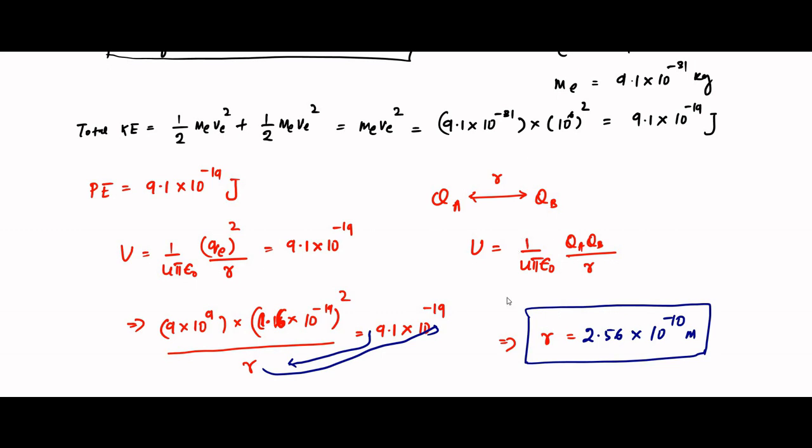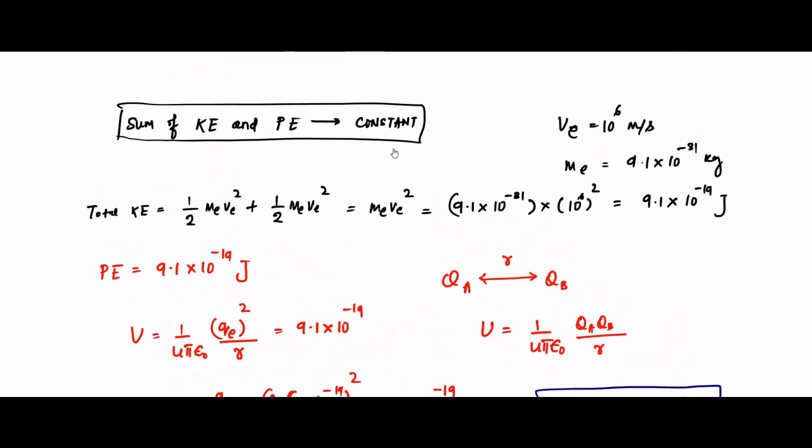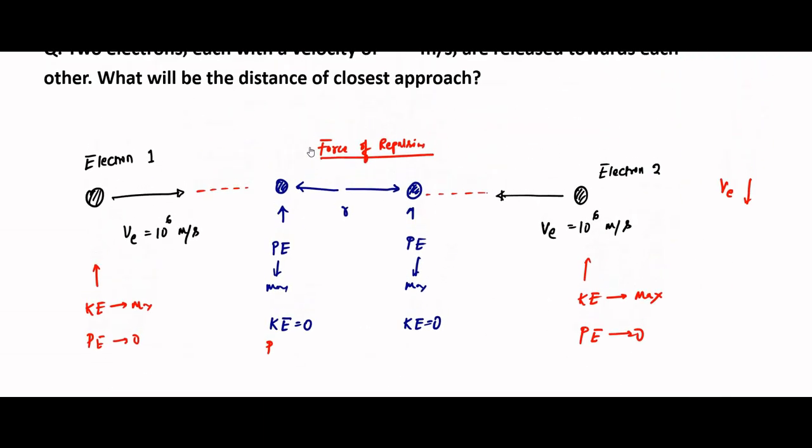So the distance of closest approach is the distance between the two charges where they come to rest momentarily. Here the potential energy will be maximum, and as they have come to a stop, the kinetic energy will be 0 because velocity is 0. At the point of release, velocity is maximum, hence kinetic energy is maximum, and potential energy is 0.